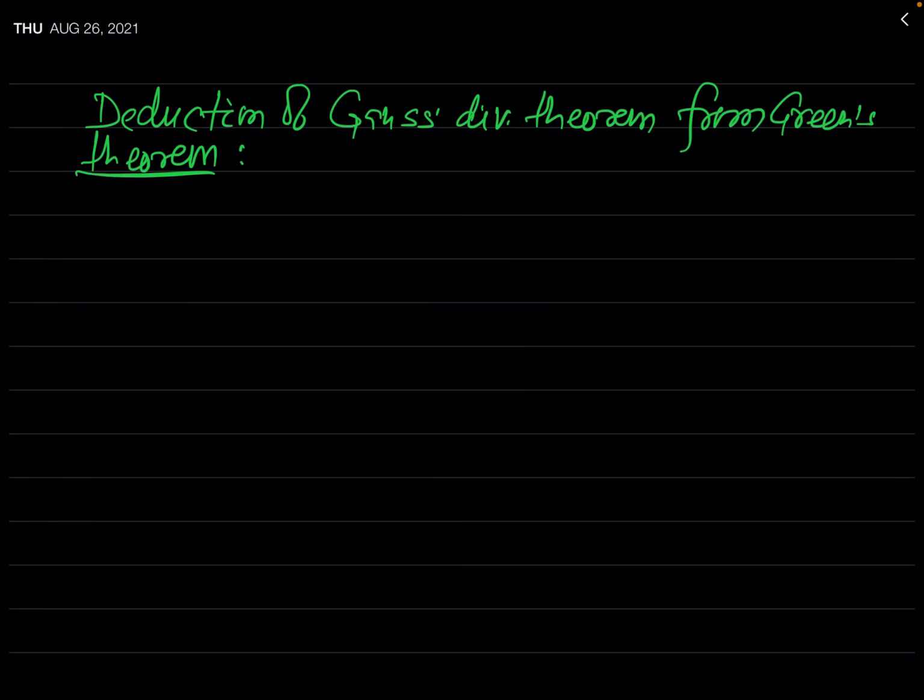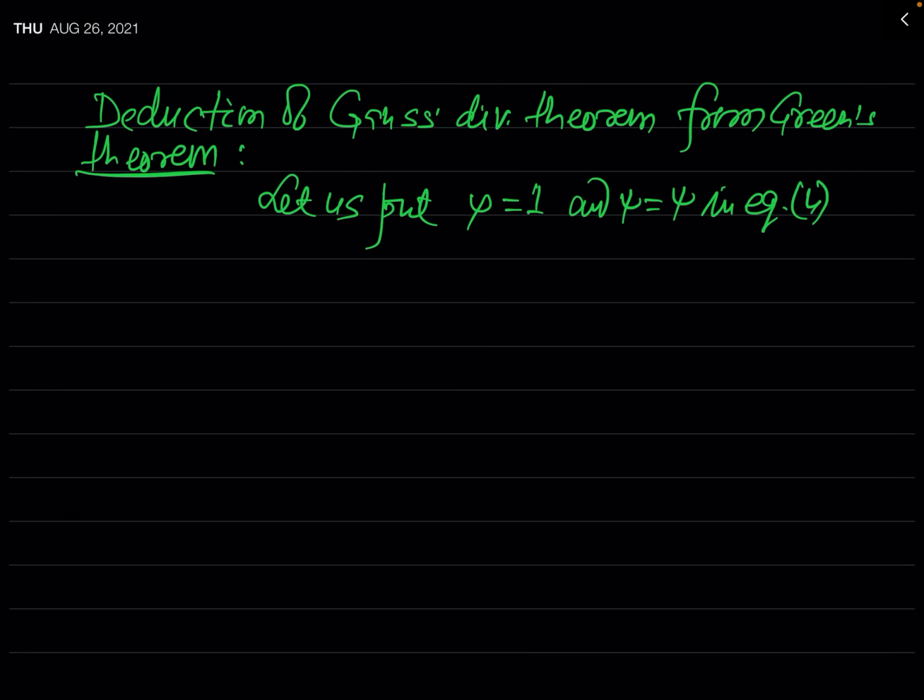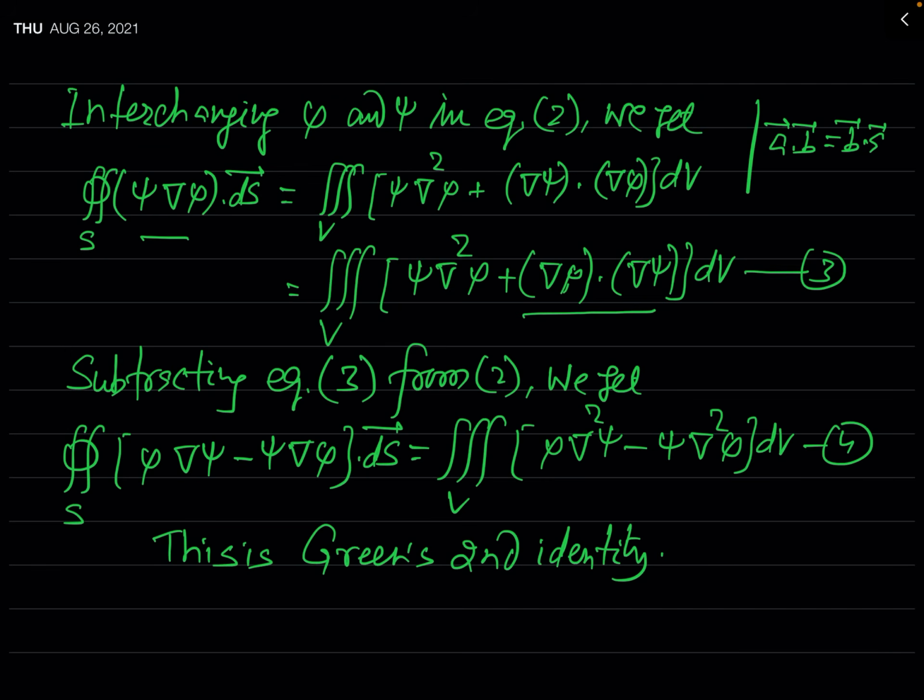So now let us put phi equal to 1 and psi equal to psi. It means psi remains as it is in equation 4. This is your equation 4.